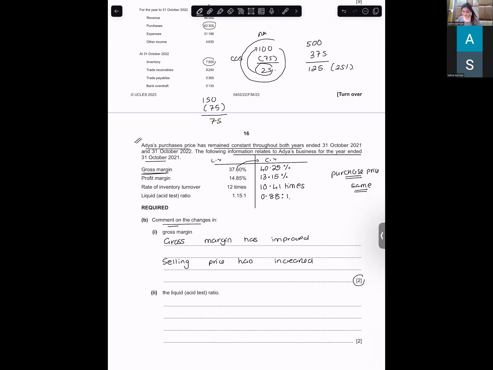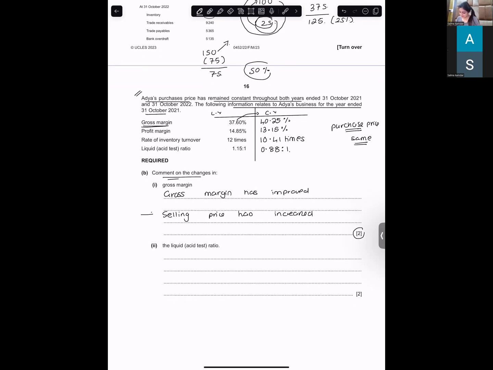Now 75 over 150 into 100 is 50%. So the gross profit margin has increased because the selling price has increased. That is one reason why the gross profit margin increases.